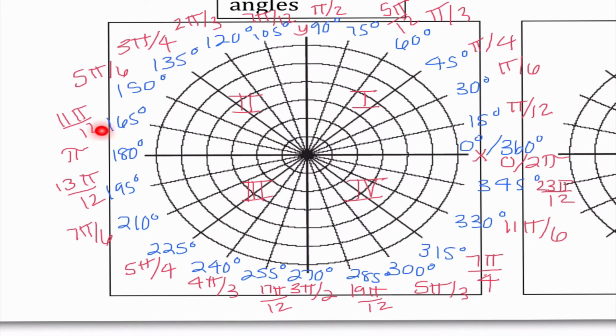Okay, and I don't want to stress you out and talk about like that we need this memorized by any means, but what we really need to know is what quadrant something is in, and that's going to be a skill that is imperative for us to be successful in this class.